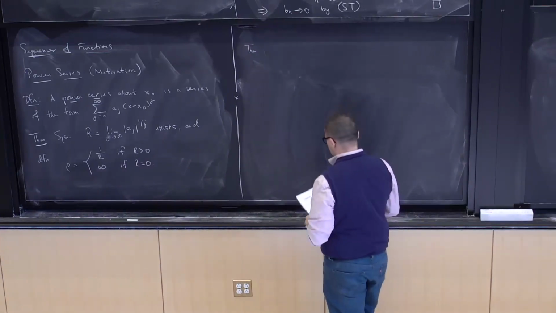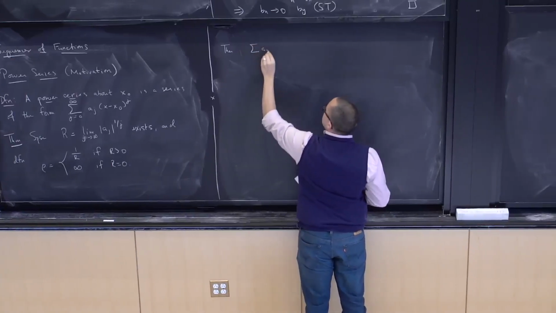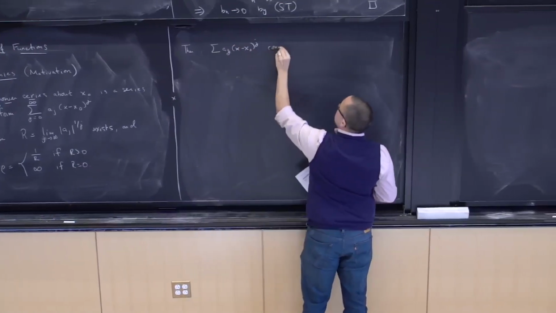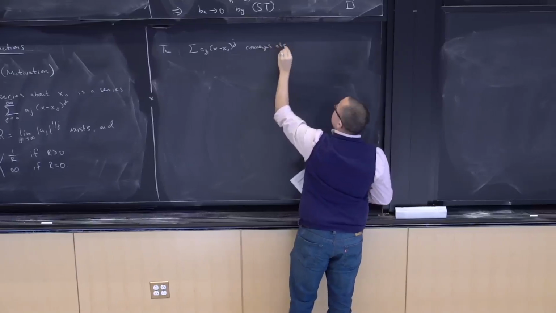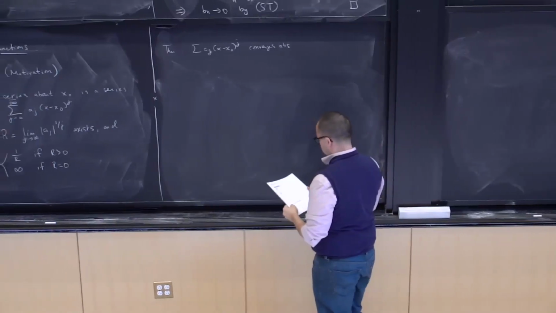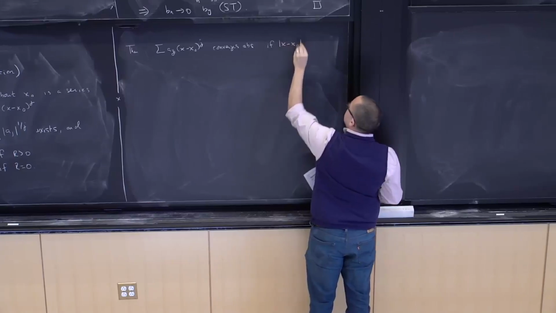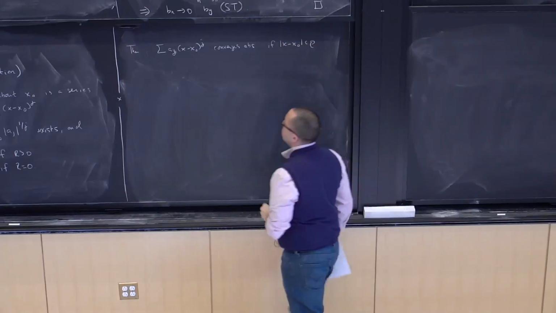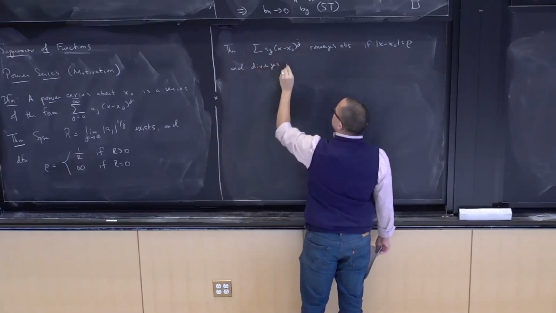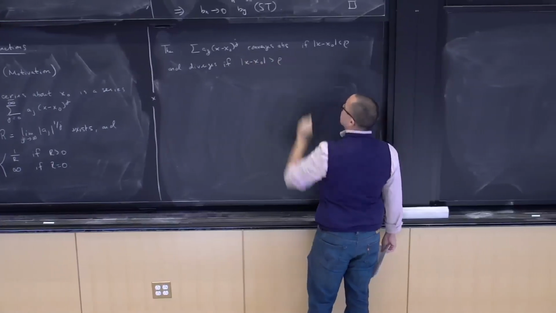Then we have the following conclusion: this power series, sum of a sub j, converges absolutely if the absolute value of x minus x naught is less than rho, and diverges if the absolute value of x minus x naught is bigger than rho.